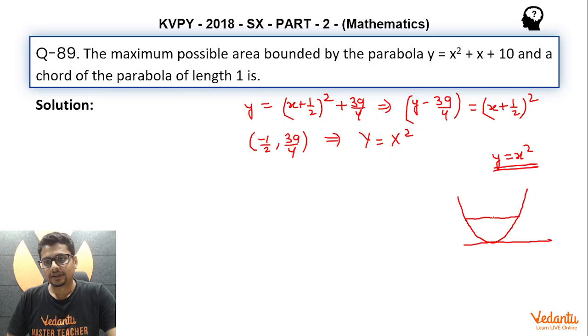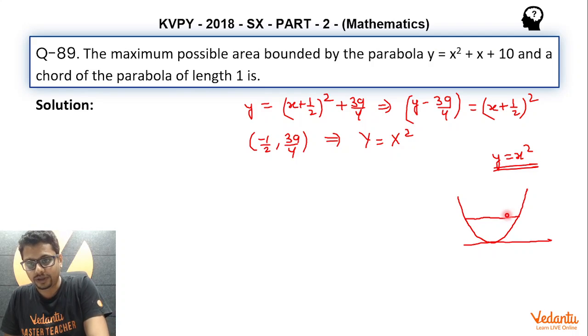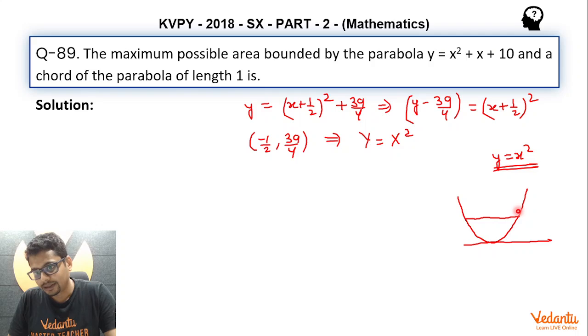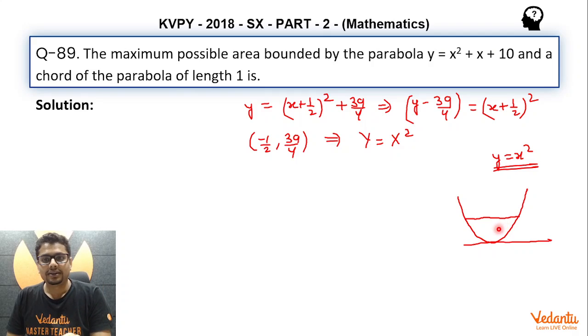Why? Because other chords of length 1 would be like this, or like this, or like this. So by intuition, we may say that the maximum possible area should occur in the case of this chord, which is parallel to the tangent at the vertex, by symmetry.